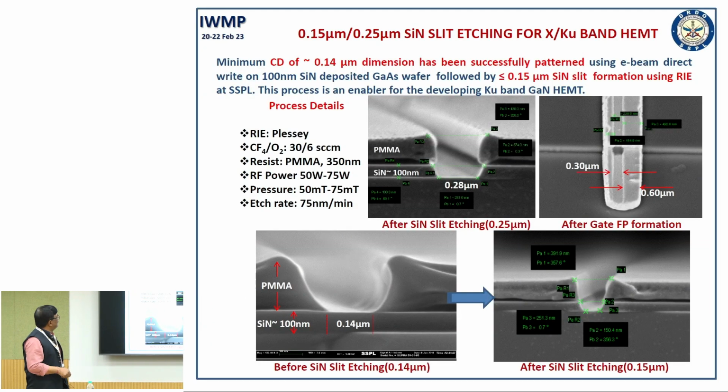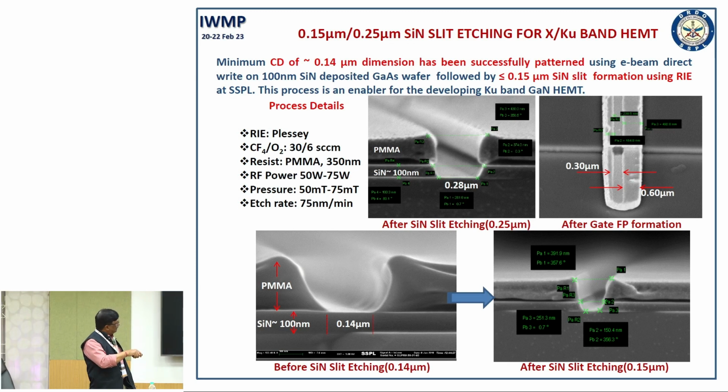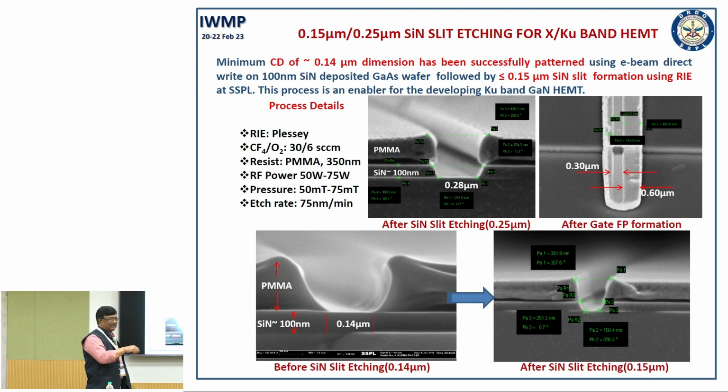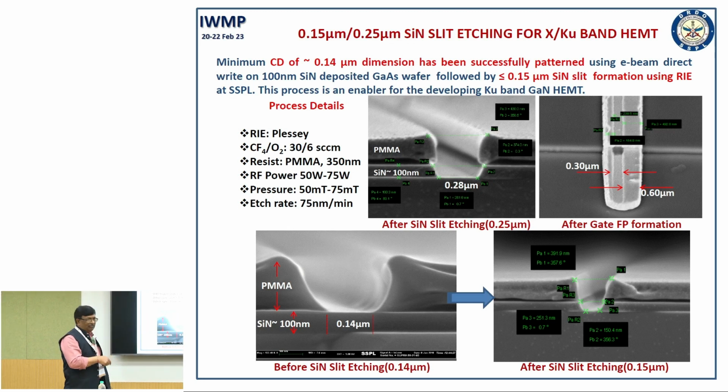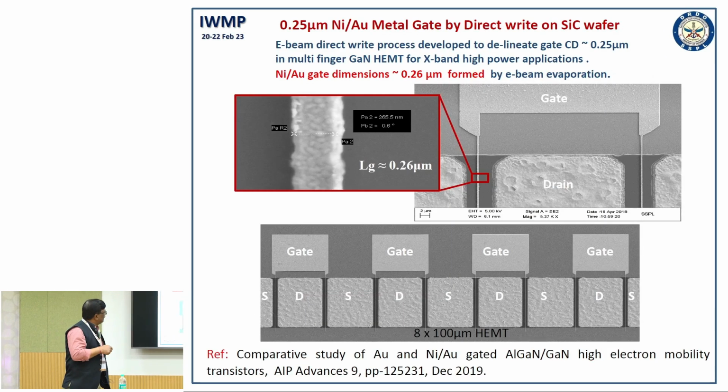Once you are done with this, this slide shows we are now going for 0.15 micron also. So, this is the 0.14 dimension defined in PMMA resist, and then the same is etched in silicon nitride, and then the gate head is defined and devices are fabricated, and you can see that these are the 0.25 micron devices with multiple gates.